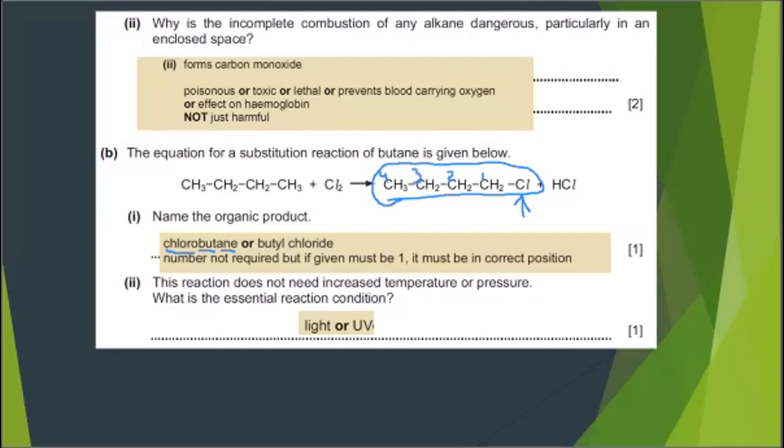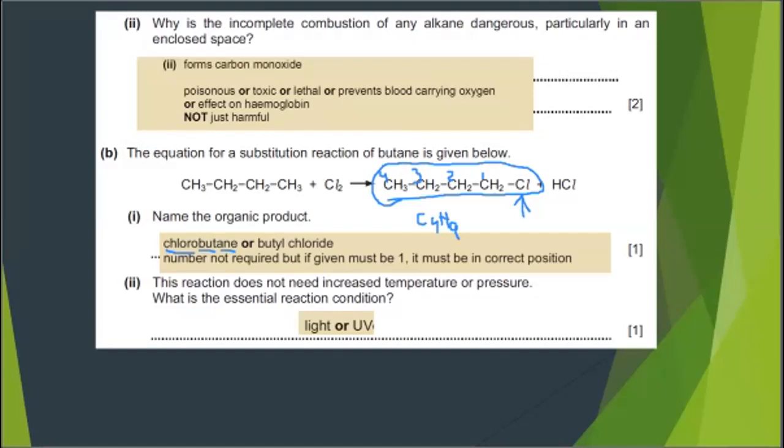Now, you could have also named it as butyl chloride, right? Meaning that you looked at this as a C4H9 group, and this is a butyl chloride group. C4H9 is butyl.